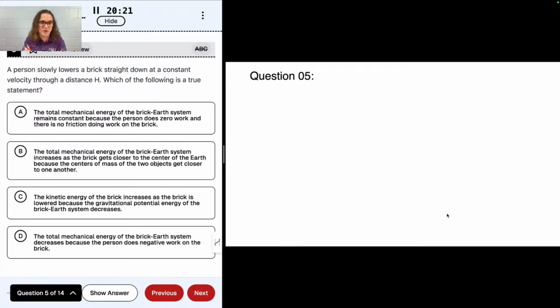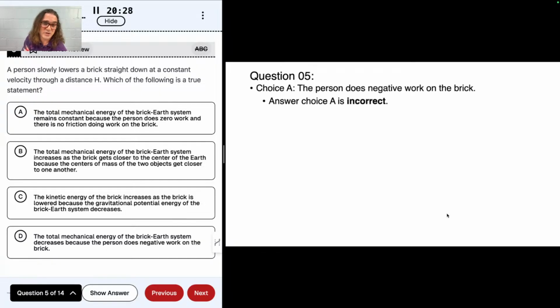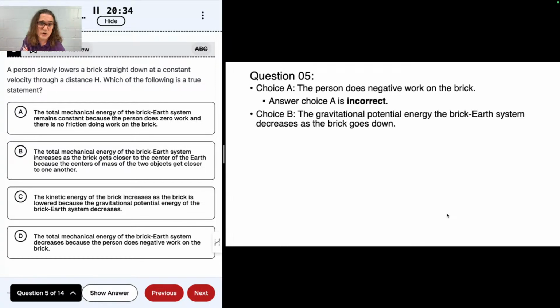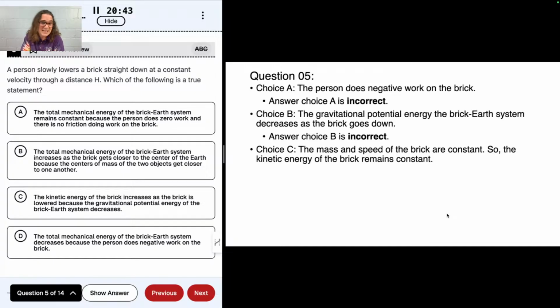So let's go through and look at the answer choices. Choice A, the person does negative work on the brick. So choice A is incorrect, right? Again, it's just going back to the things that we identified. Choice B, the gravitational potential energy of the brick-Earth system decreases as the brick goes down. So answer choice B is incorrect. Choice C, the mass and speed of the brick are constant, so the kinetic energy of the brick remains constant.